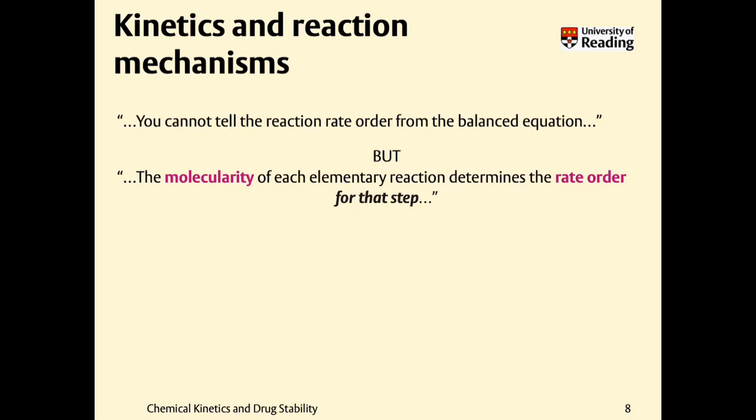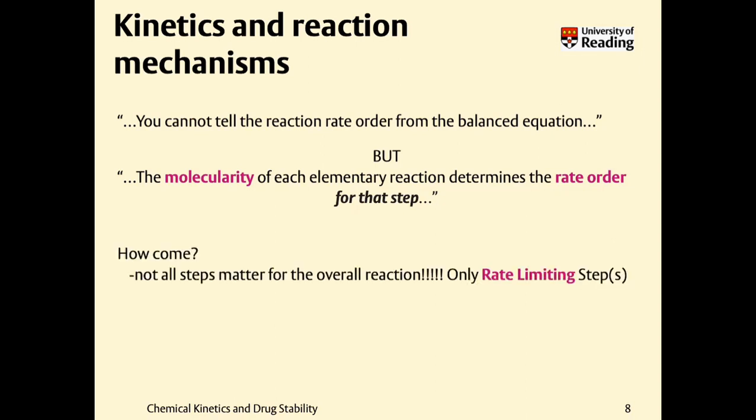So for elementary steps, the rate of those steps can be determined by their own rate order or rate law, because they are an elementary step. Not all steps matter for the overall reaction, only the rate limiting step. All other steps within your reaction occur faster than that step, and so don't limit the rate of the overall reaction.